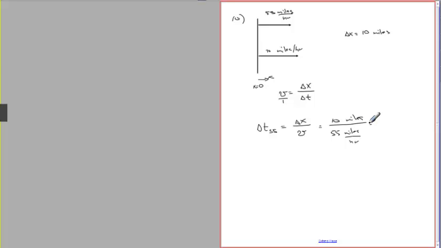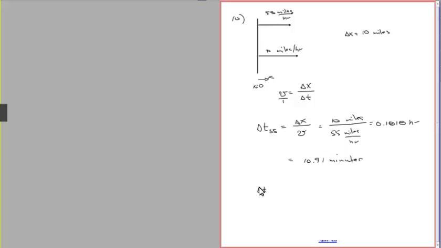So it's going to be a fraction of an hour, which we'll convert to minutes. 10 divided by 55 is 0.1818 hour. And if you multiply by 60, you'll get minutes. So we get 10.91 minutes.